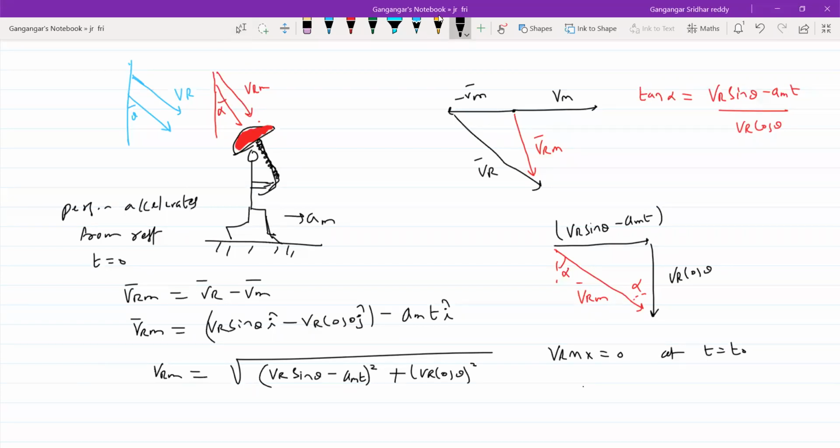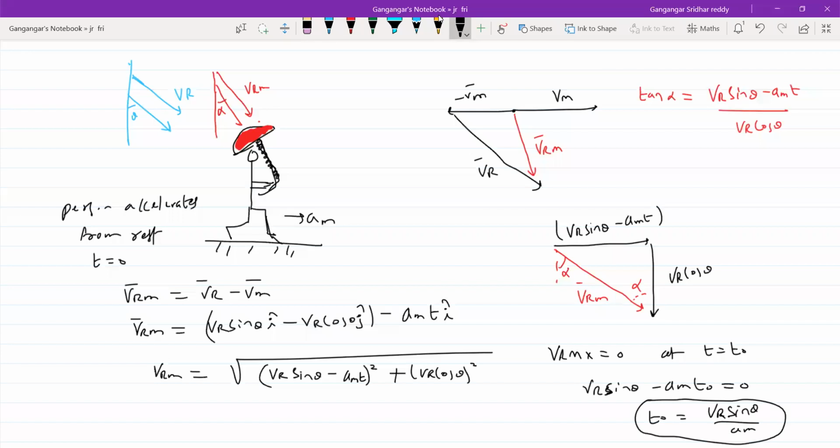So what is the condition for that? Vr sine theta equals Am T0, so T0 equals Vr sine theta by Am. What is this T0? The time at which the rain will pour vertically down.